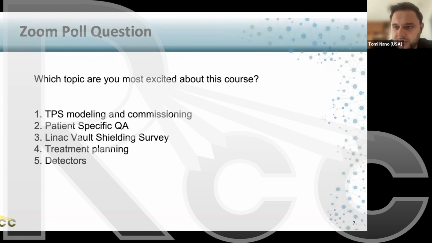Or are you most curious about detectors, ion chambers, when you're making patient-specific QA measurements? Do you want to know about your detector and which one is appropriate for a particular plan and which one is not? Totally. So it looks like we have about 50% for treatment planning and then about 30% for TPS modeling and commissioning. Yeah, we'll share the results once I click the end poll button.